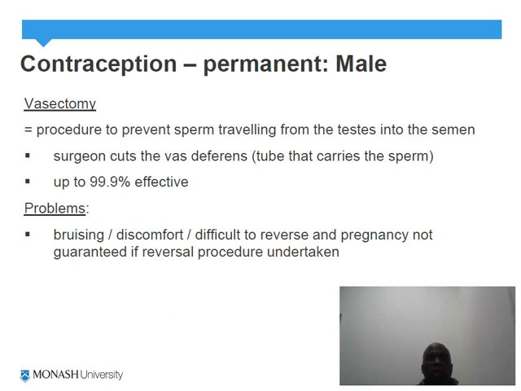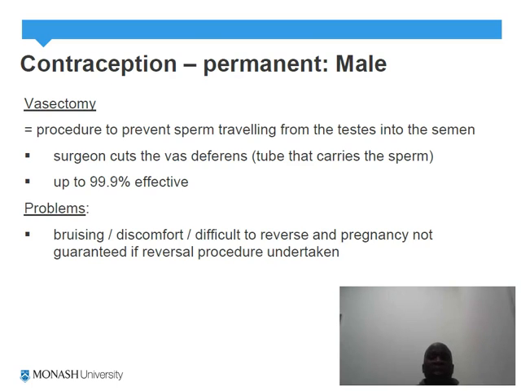Okay, let's look at permanent contraception in men. In males, it is called vasectomy. This is a procedure to prevent sperm traveling from the testicles into the semen and being expelled via the penis, via the urethra.